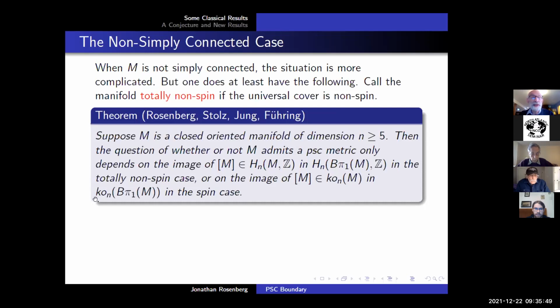Basically that's because connective ko homology is very closely related to spin bordism. If you localize spin bordism at the prime 2, it basically has little ko as its lowest summand, and then there's a bunch of higher dimensional stuff. But little ko is very closely related to spin bordism, and that's how that comes about.